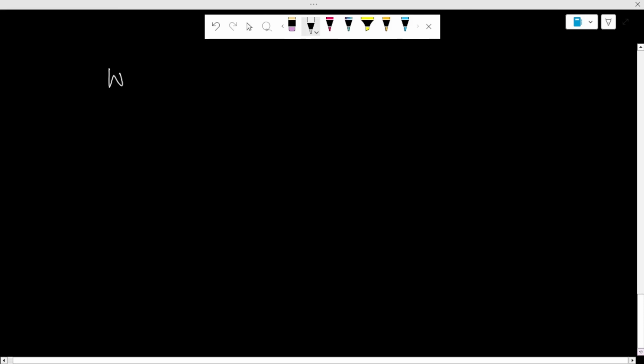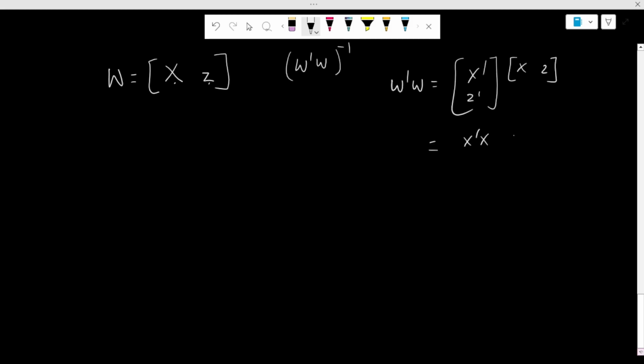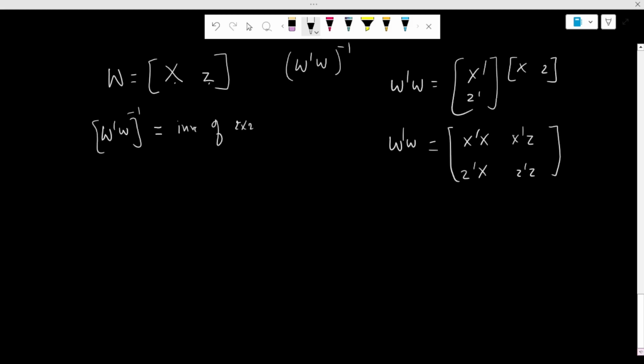Let us say we have a matrix W, and we partition it as matrix X, all the independent variables except this variable Z. This is an individual variable, and matrix X is the matrix of all other independent variables including the constant. And if we happen to calculate W transpose W and its inverse, this is the case of the inverse of a 2 into 2 partition matrix.